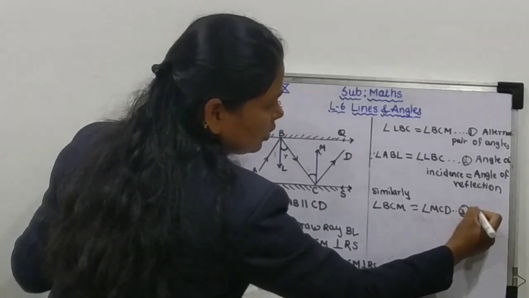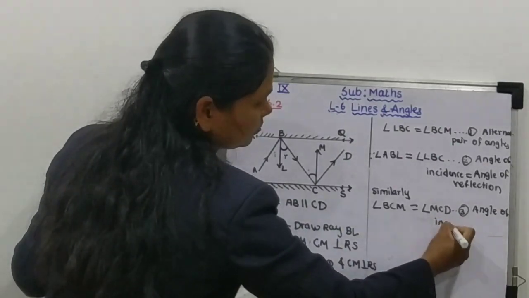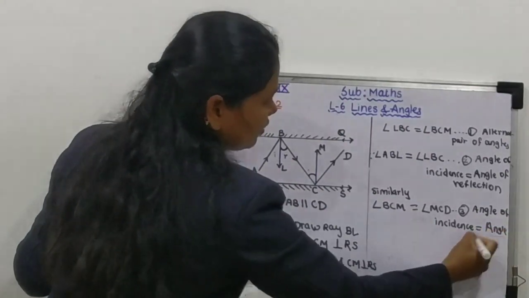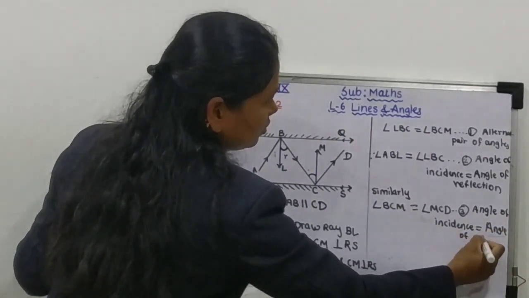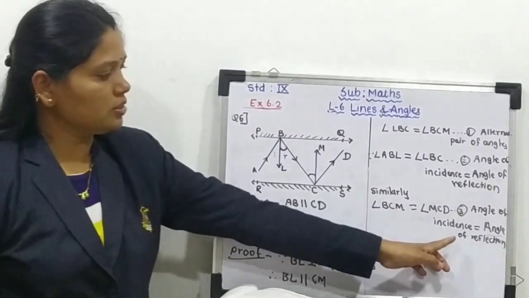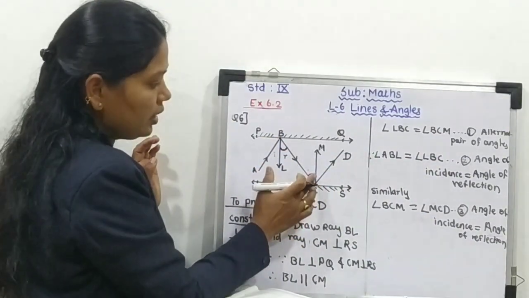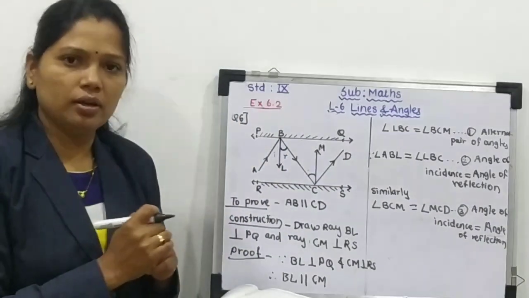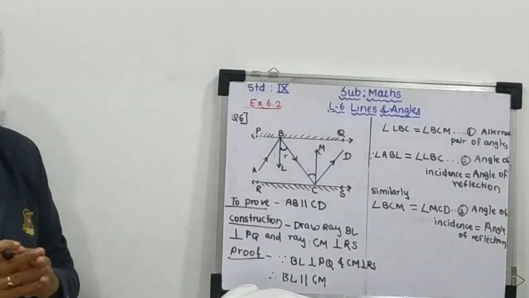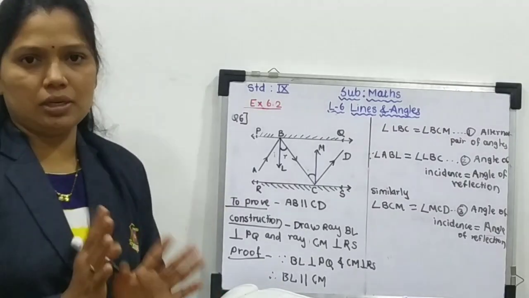Angle of incidence equals angle of reflection. Understood why I have written this? Because for this mirror, this one is the incident ray and this one is the reflected ray, and whatever angles they make, those are equal, because of this normal. So we say the normal acts as a bisector also.